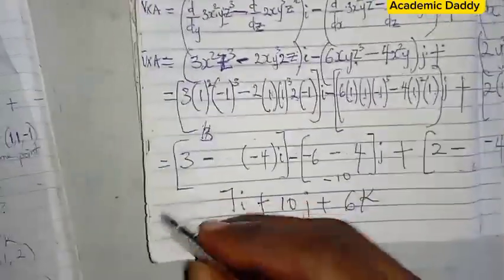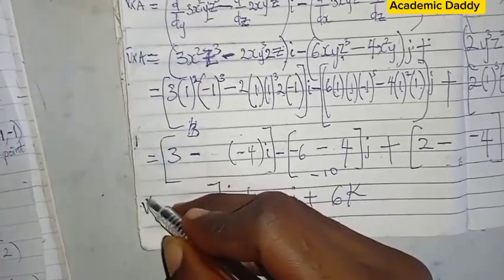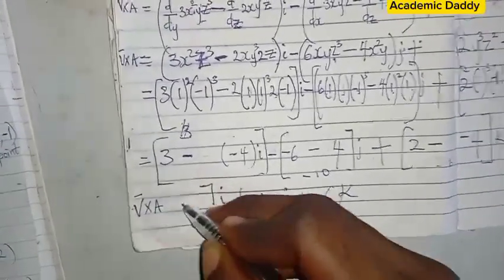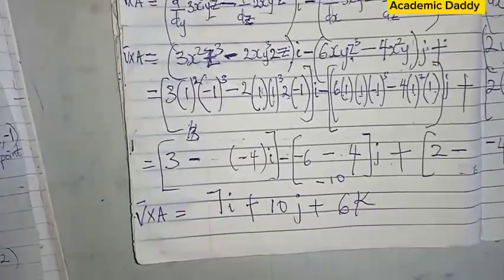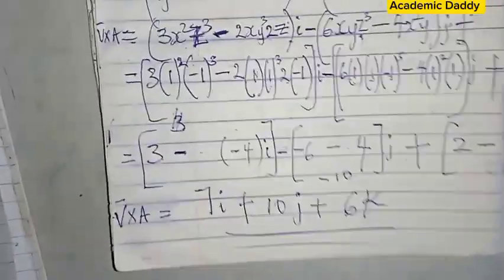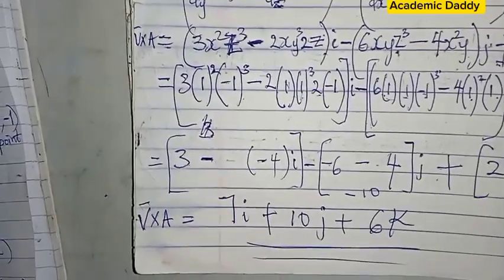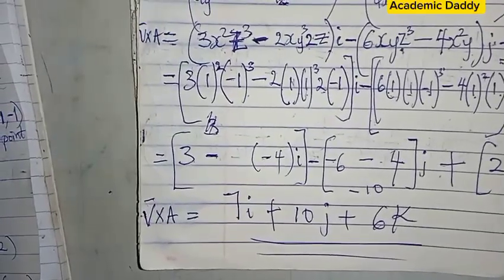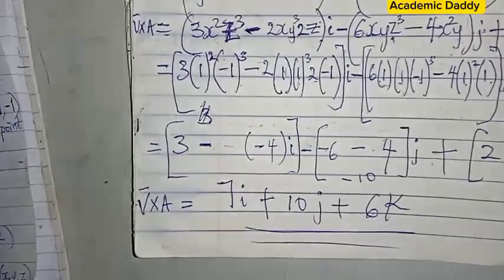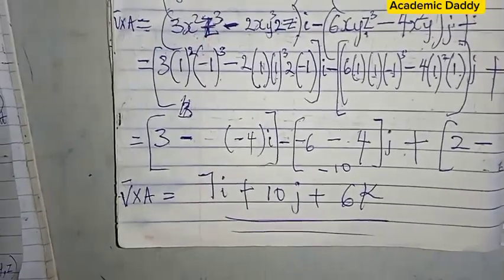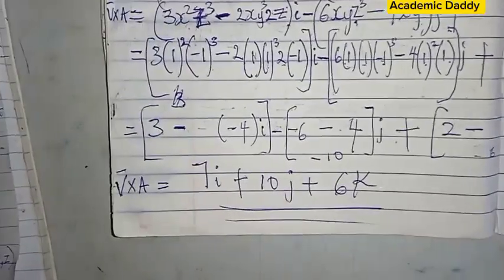So that means that our v cross a is equal to 7i plus 10j plus 6k.